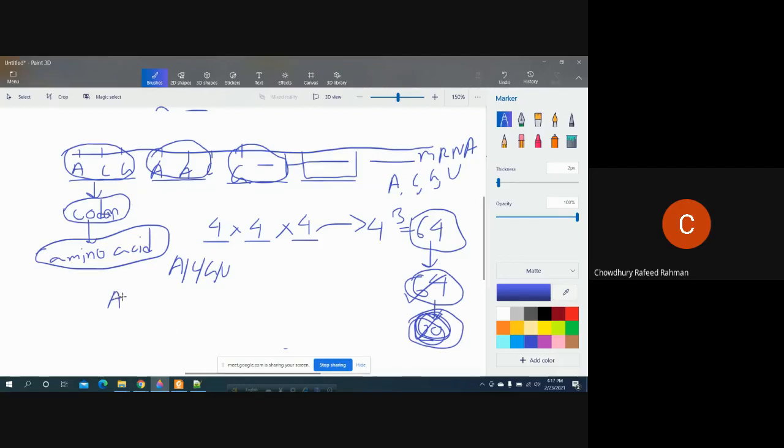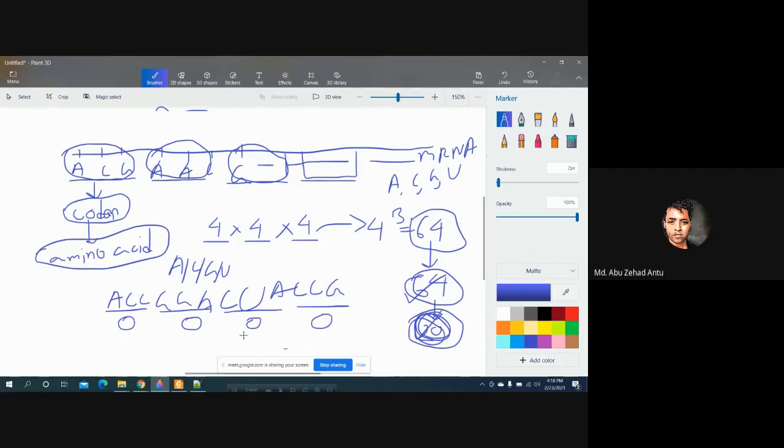Suppose this is my mRNA: G, A, C, U, A, C, C. That means 1, 2, 3. Okay, one more. I will need 3. That means how many amino acids are there right here? 4 amino acids.